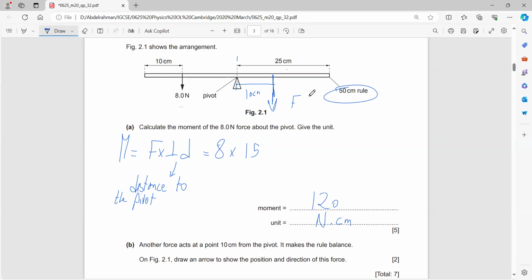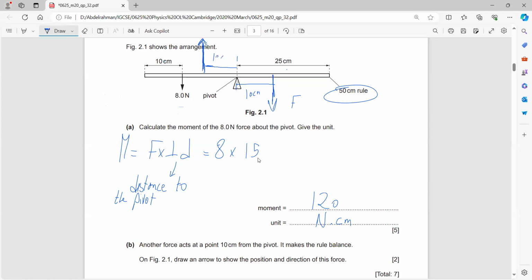If you wanted to draw it on the left side, you could draw it on the left side and it would have been upwards. It would have been upwards if you drew it on the left side, not on the right side. On the right side, it wouldn't balance.